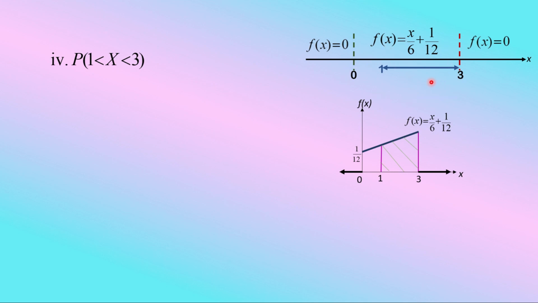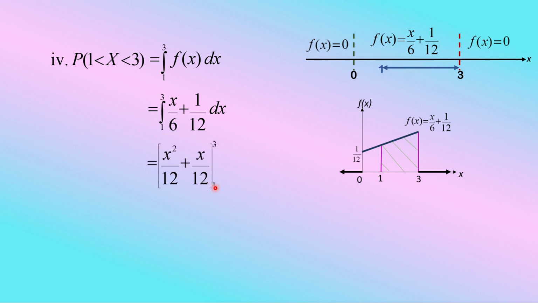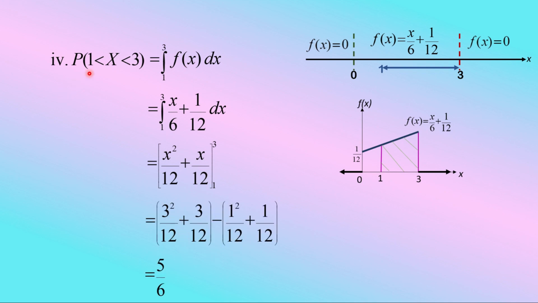In this case, to find the probability, just integrate from 1 to 3 directly the function x over 6 plus 1 over 12. So this is the result after integrating. Substitute to get the answer, and the probability of x between 1 and 3 is equal to 5 over 6.